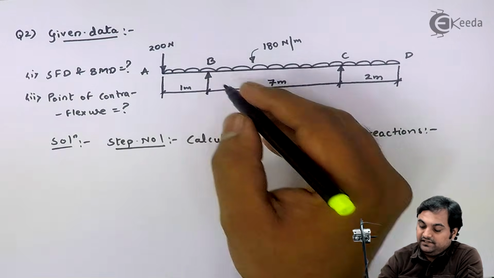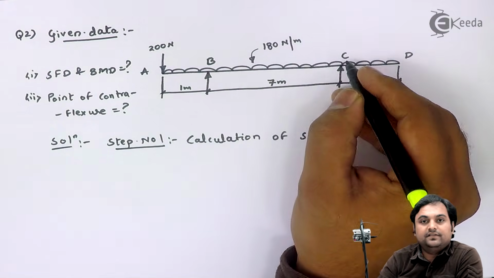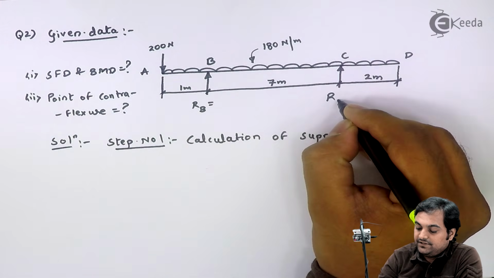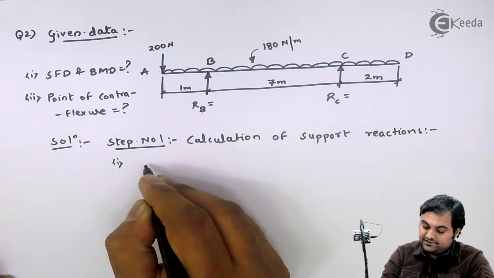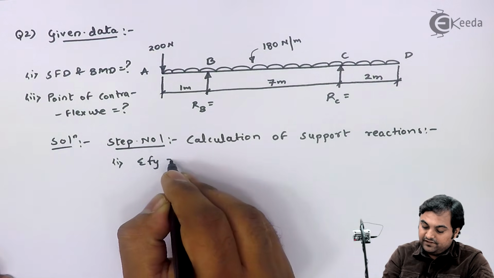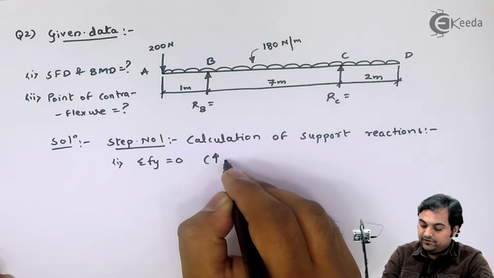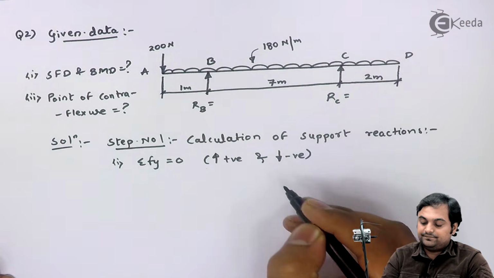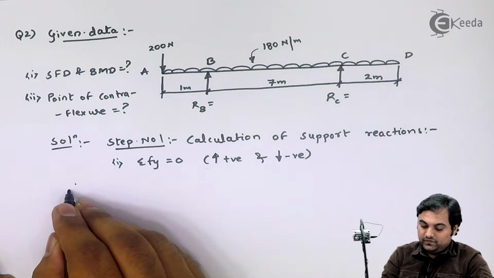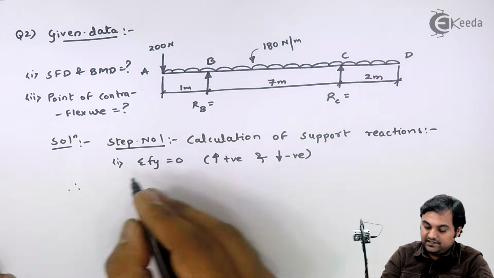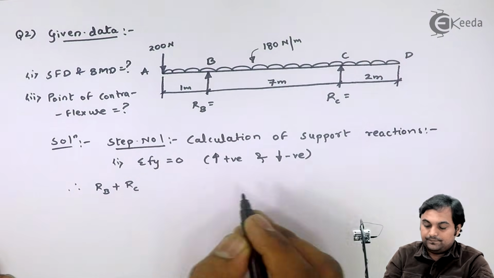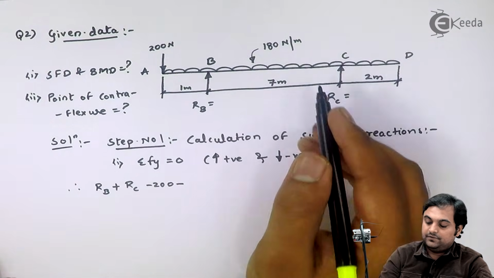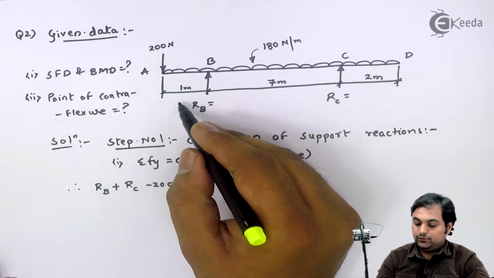Since I have supports at B and C, I will be calculating reaction at B and reaction at C. The first condition is summation of Fy is equal to 0, that is upward forces positive and downward forces negative. So here I have RB plus RC minus 200 minus 180 into the total distance.